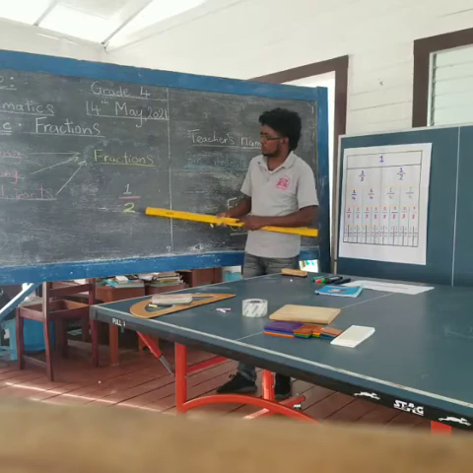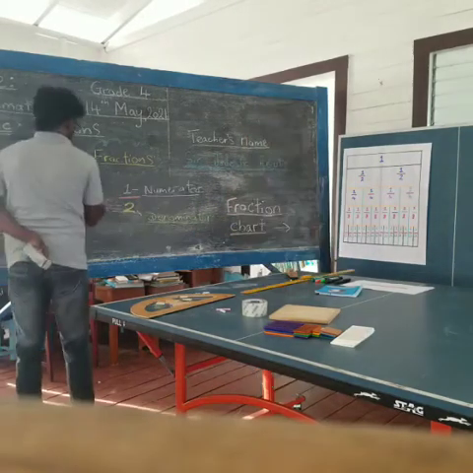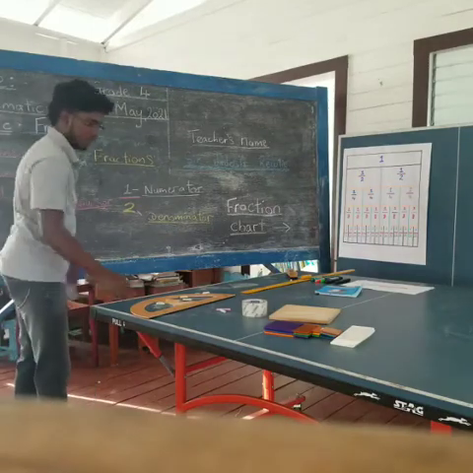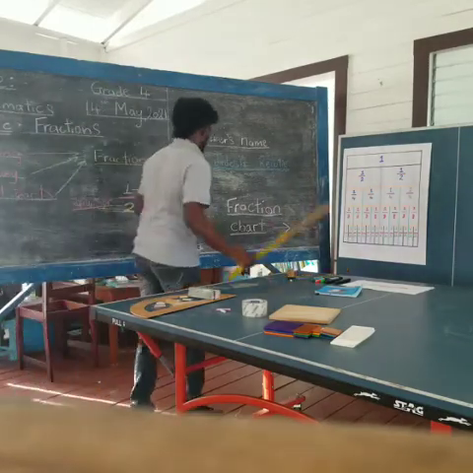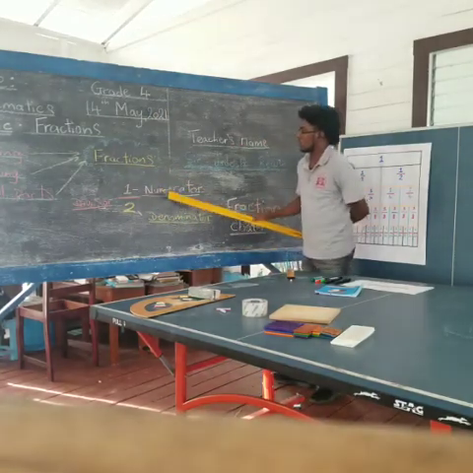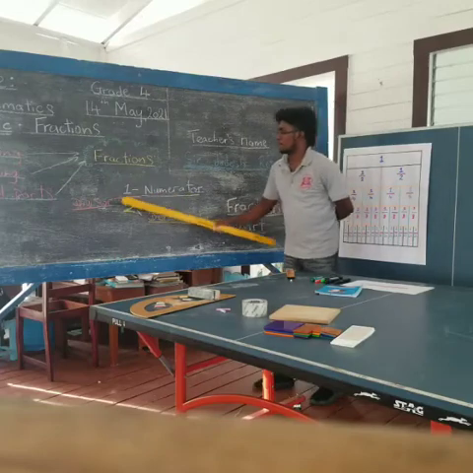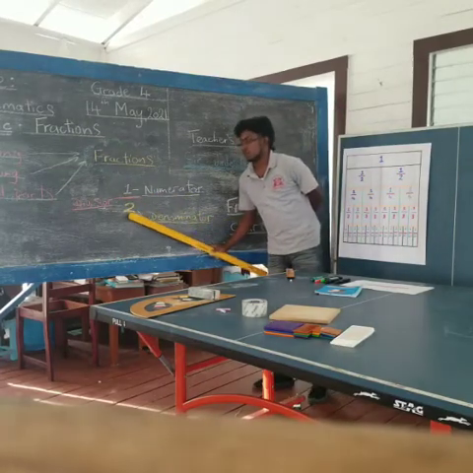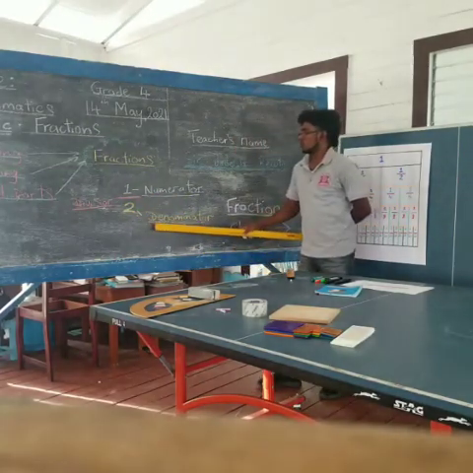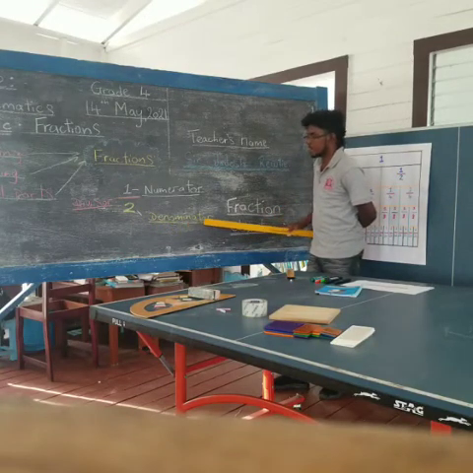The top number, the line in the middle, and the bottom number. Right. So let's call it out. The number at the top is called the numerator. The number at the bottom is the denominator.